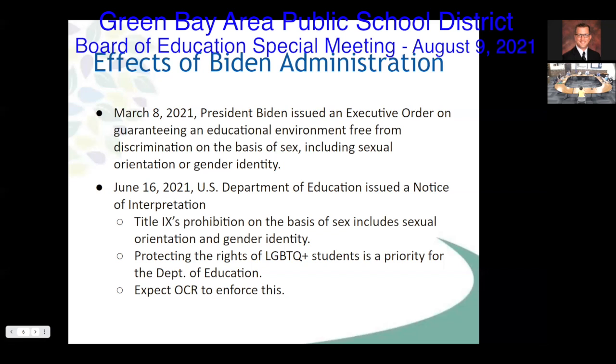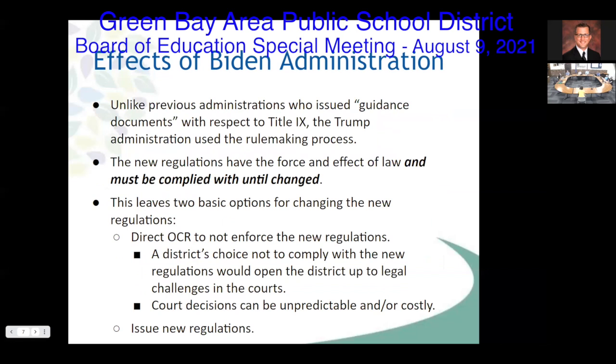Although I said this would have an immediate impact with respect to how we respond as a district, this notice of interpretation really did not create any change for our district, as we have been considering sexual orientation and gender identity as falling under Title IX already. So although it creates an immediate impact, not really for our district, because we already follow that rule. So now we come to the bigger and more complex actions of President Biden's March 8th executive order.